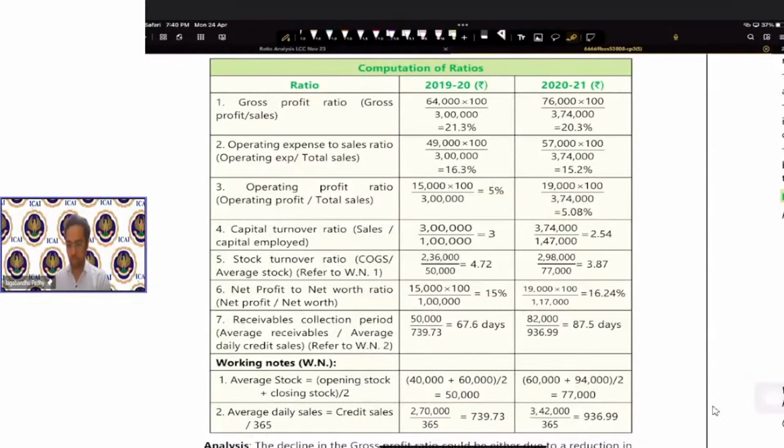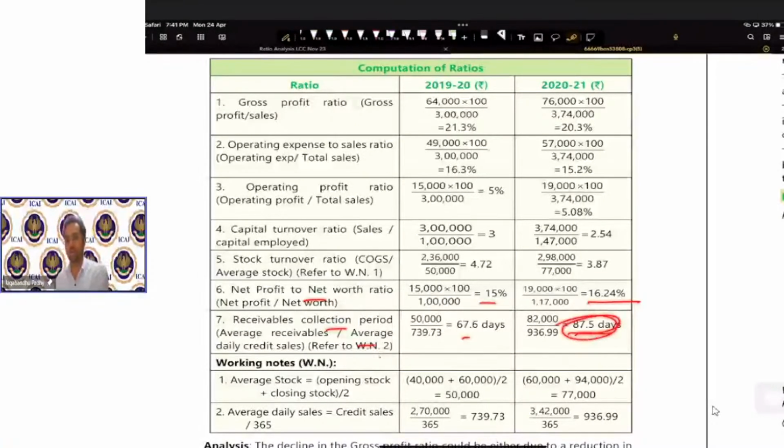Capital turnover ratio has marginally reduced. It means you're not able to utilize your funds properly. Stock turnover ratio has also reduced. It means some of the stocks are not selling as fast as they should be. Net profit ratio has improved. Receivables collection period has also increased.